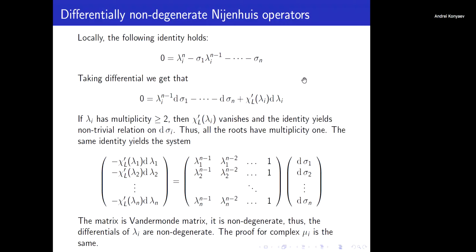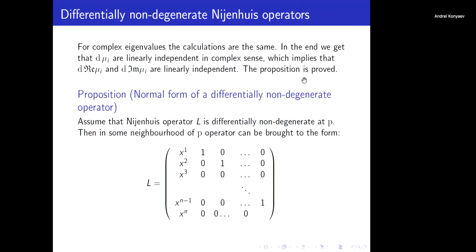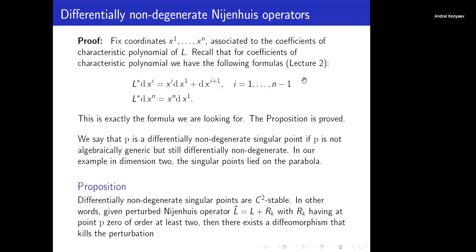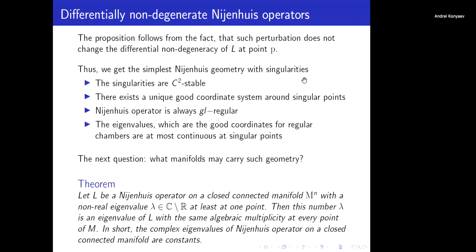So it's still continuous, but its derivatives break, right? So this is the regular thing from algebra, not from geometry.